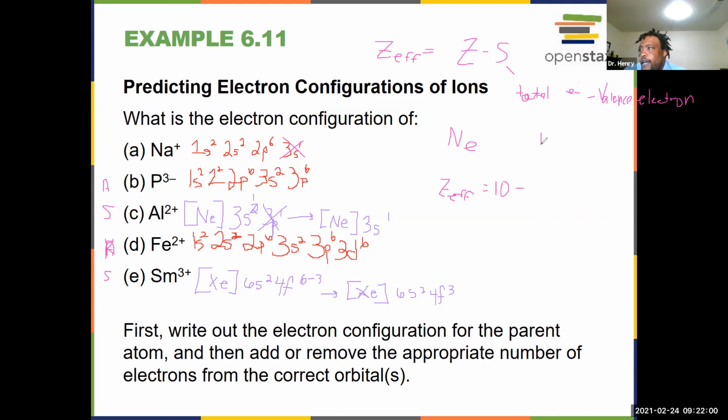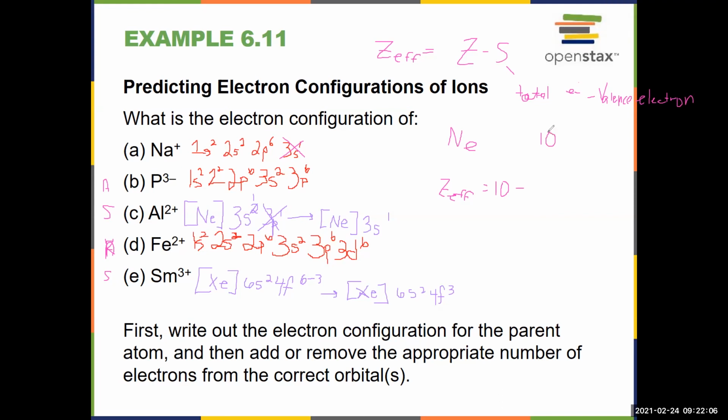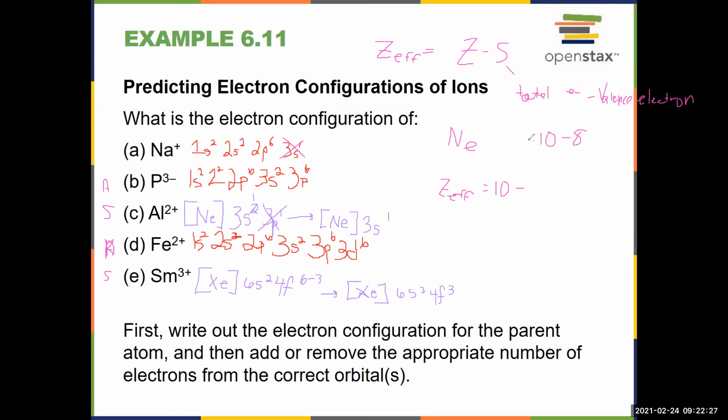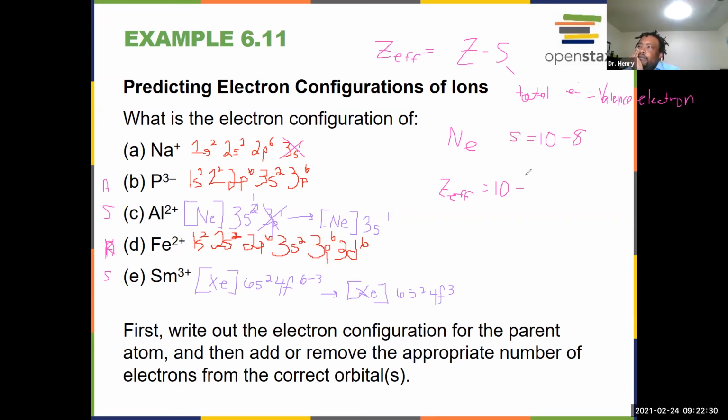How many total electrons does it have? 10. 10 minus the number of valence electrons. Since it is a noble gas, you assume that all of those electrons, even though it's full, are still considered valence electrons. So in that case, it would be 8. 10 minus 8 is 2. So your S is equal to 2, and so the Z effective would be plus 8.